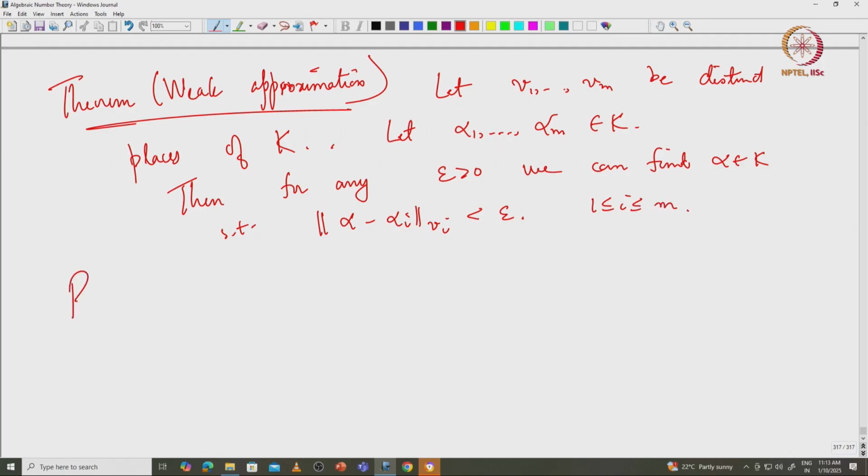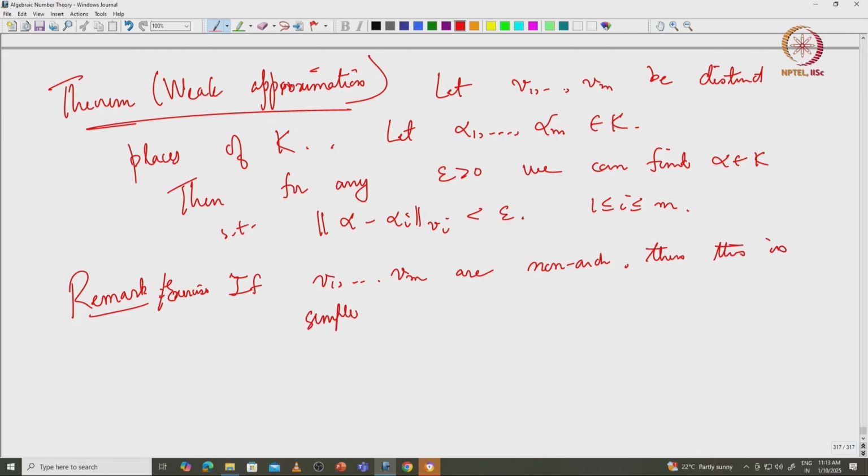Right. So, a remark, or maybe remark slash exercise, if V1 up to Vm are non-Archimedean places, then this is simply Chinese remainder theorem. Okay.